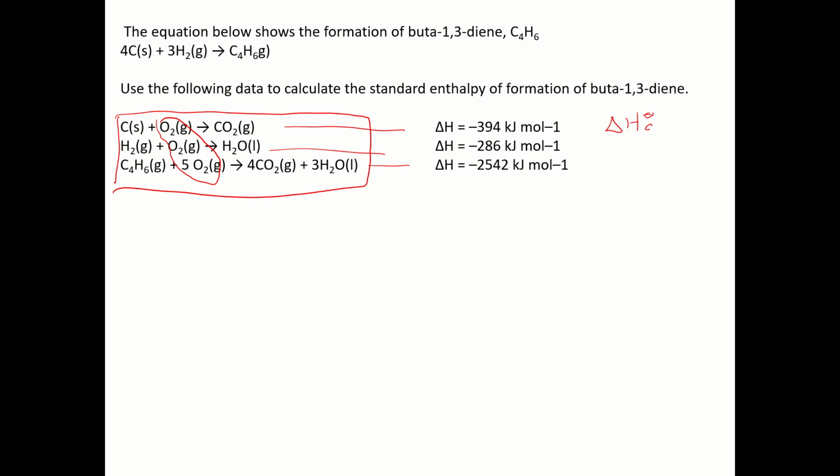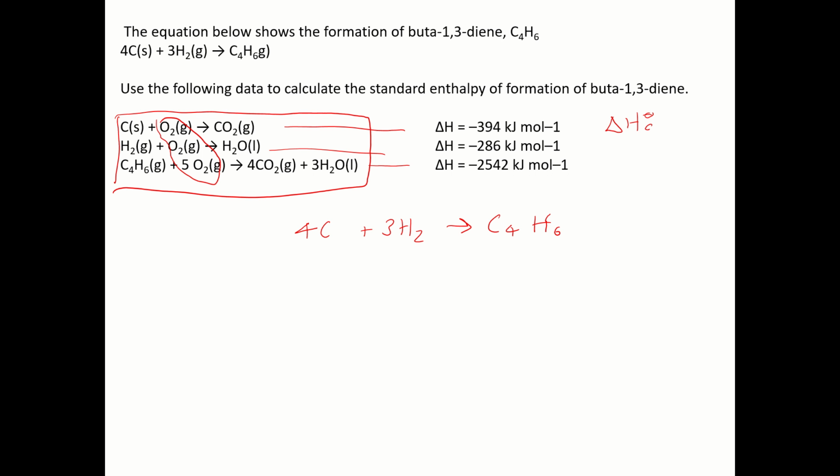Now, the first step is I want to create a triangle to work out what the value is. So I want to write out the equation. So 4 carbons plus 3 hydrogens gives us this alkene, C4H6. Remember, this is but-1,3-diene.